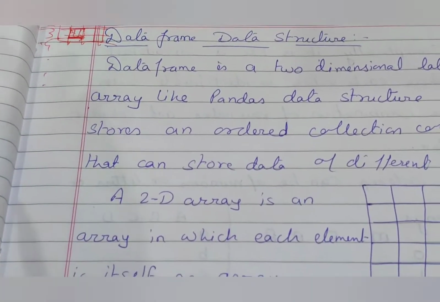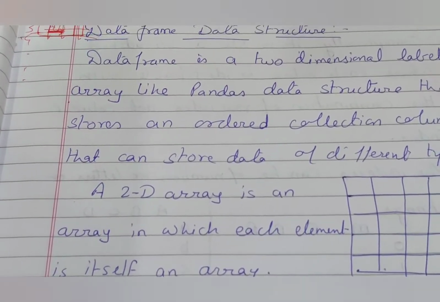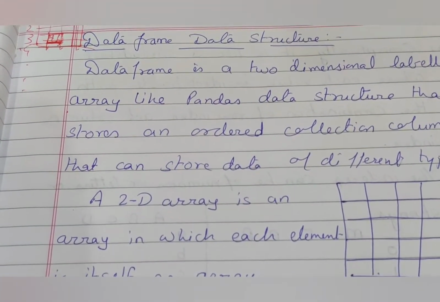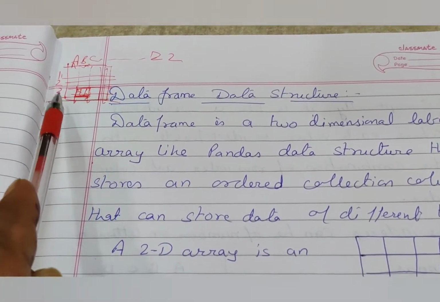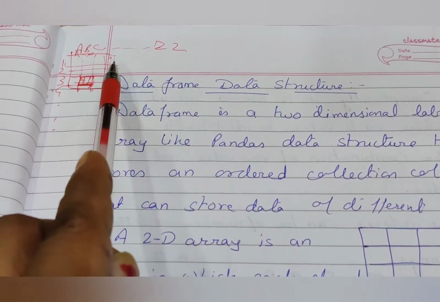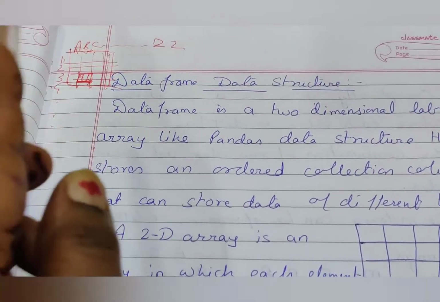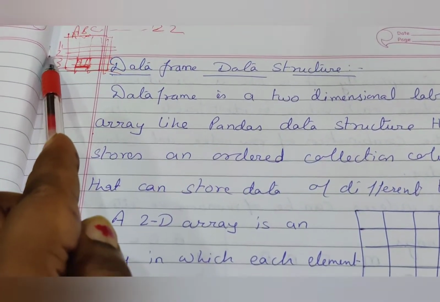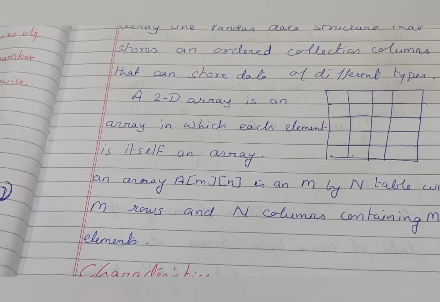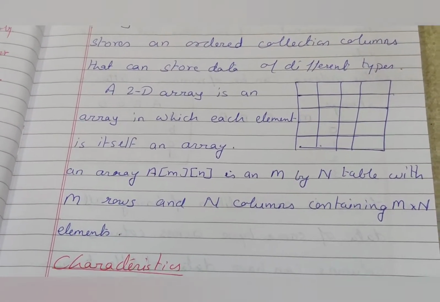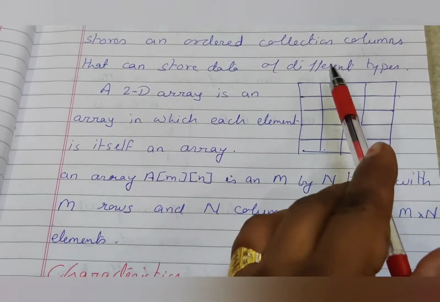The Series object, which we learned earlier, is one-dimensional. We have only a column and a number of rows. Now here you will learn a number of rows and a number of columns. You are assigning a value, and its address will be your row and column. A two-dimensional array is an array in which each element is itself an array, meaning m rows and n columns.